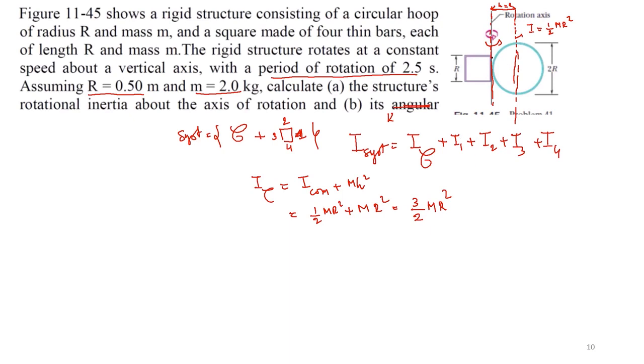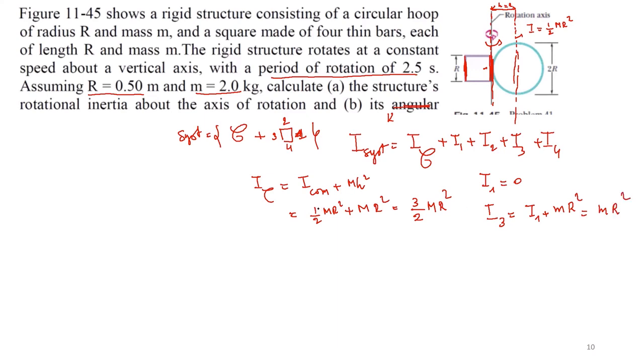Now let's calculate the moment of inertia of this gentleman here. What is I1? 0, because the axis of rotation is along the rod. So what is I3? This is 1 here, this is 3. For 3, I can apply the parallel axis theorem. It will be I1, which is 0, plus mh squared, and the distance is r, so it will be 0 plus mr squared, which is mr squared.